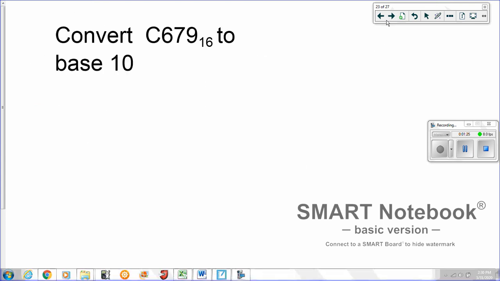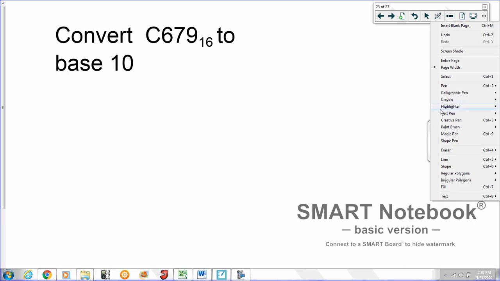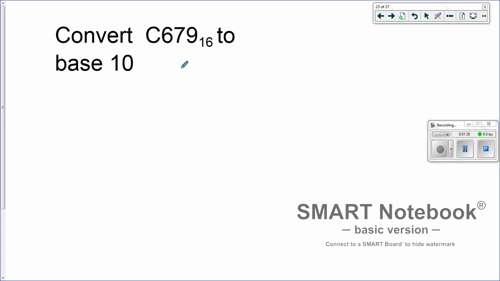Okay, so let me show you one. The first thing I would do if I was using base 16 is jot off to the side so that I remember that A is 10, B is 11, C is 12. That's the only one I really need for this one. So C is going to be 12.